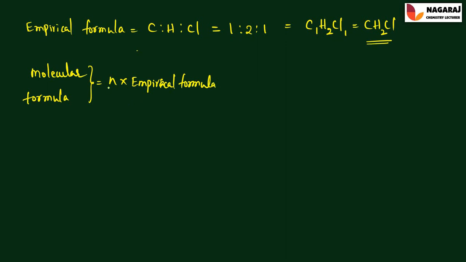So what is meant by n? n is nothing but an integer. How to calculate this integer? The n value is always equal to the molar mass or molecular mass divided by the empirical formula mass.